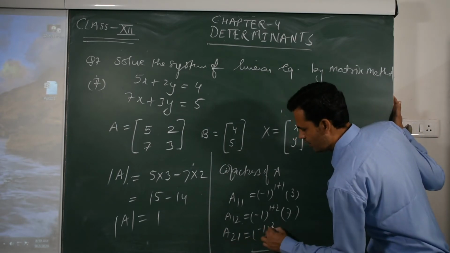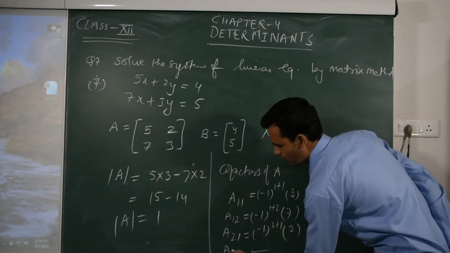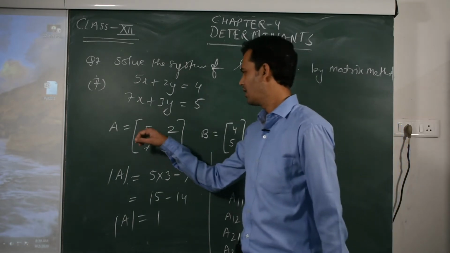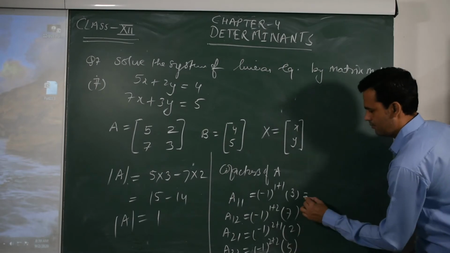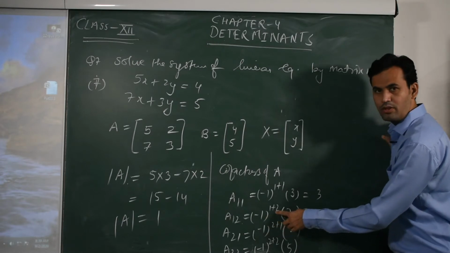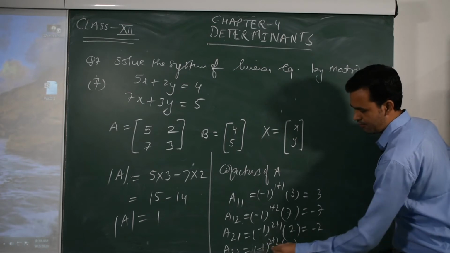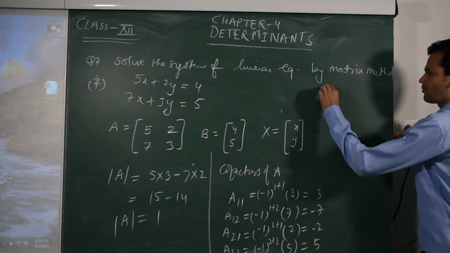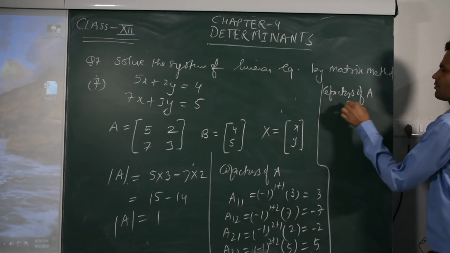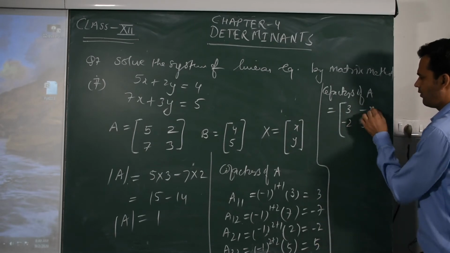A21, minus 1 to the power 2 plus 1, cofactor of this element is 2, and cofactor of this fourth element, 2 plus 2, is 5. So 1 plus 1 positive, so it is 3. 1 plus 2 negative, the signs go positive, negative, negative, positive, and this is positive. So cofactors of A equals 3, minus 7, minus 2 and 5.